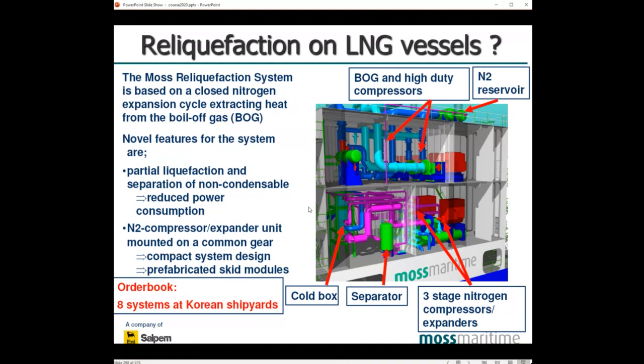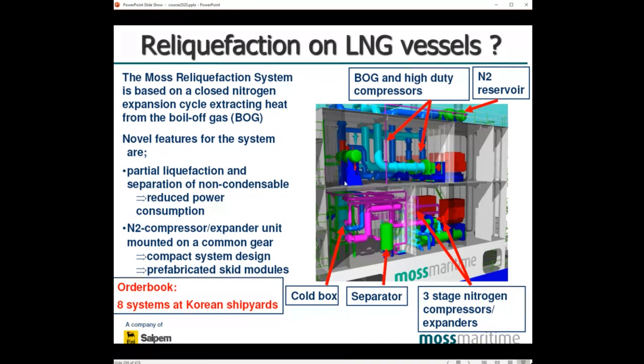The system used is a system with nitrogen. The boiling temperature of nitrogen is minus 196, so it is lower than LNG, so it can be used to condense LNG.